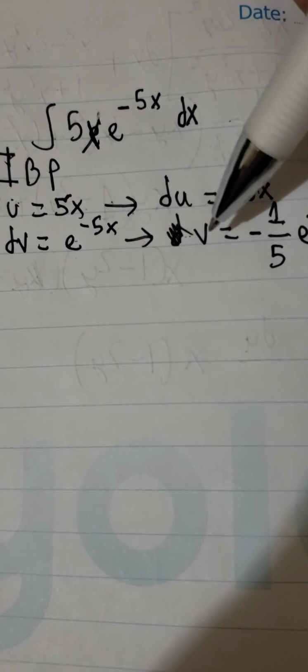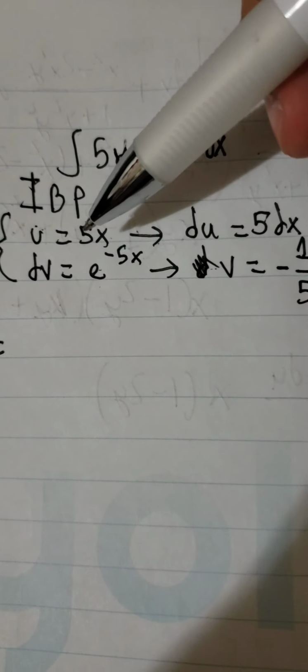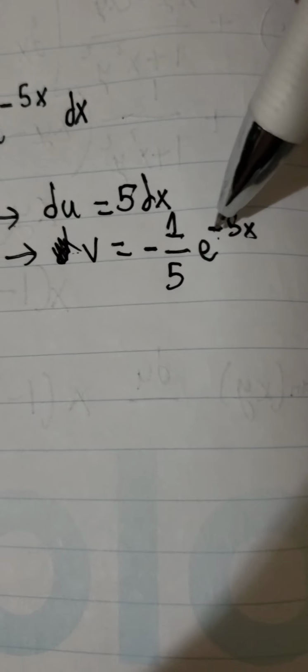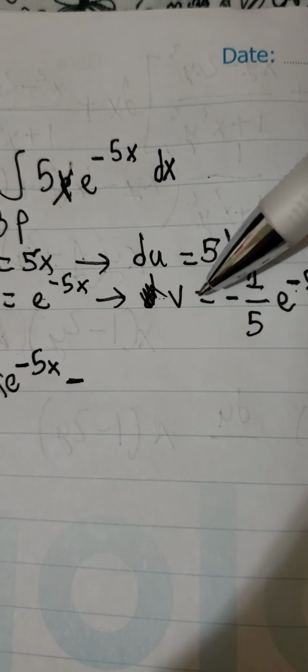Now we have u multiplied by v. So number 5 multiplied by negative 1 over 5, we cancel number 5 in here, and we have the negative sign. So we have s e to the power of negative 5s, minus the integral of u multiplied by v.